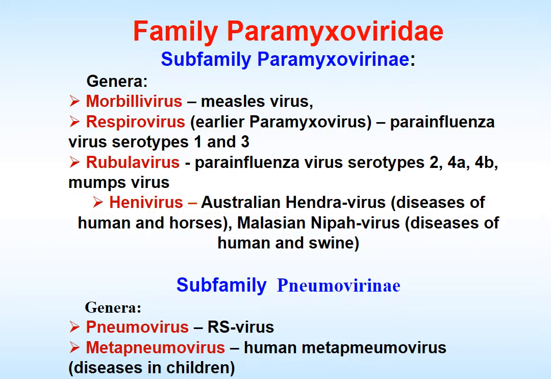Earlier it was Paramyxovirus, containing parainfluenza virus, 3 serotypes from 1 to 3, and Rubulavirus, parainfluenza virus serotypes 2, 4A, 4B, and mumps virus, and Henipavirus. Subfamily Pneumovirinae contain the genera Pneumovirus, RS virus, and Metapneumovirus.